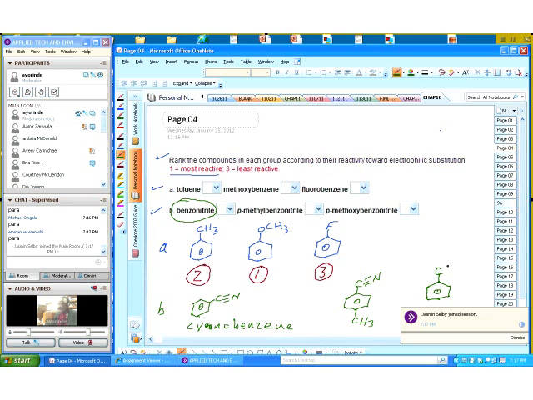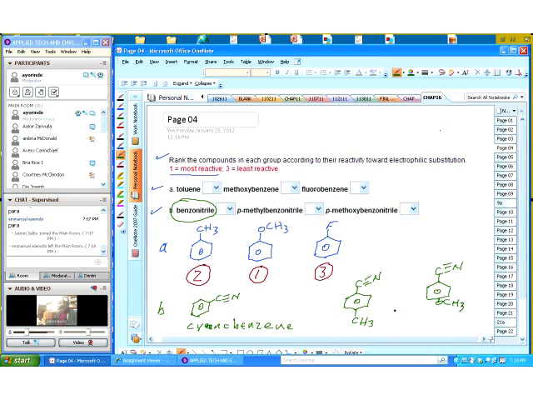We have benzonitrile here. And then we have the methoxy here. Okay, so let us rank this according to what we have here, which is the most reactive towards electrophilic aromatic substitution reaction. Number 1 being most reactive.